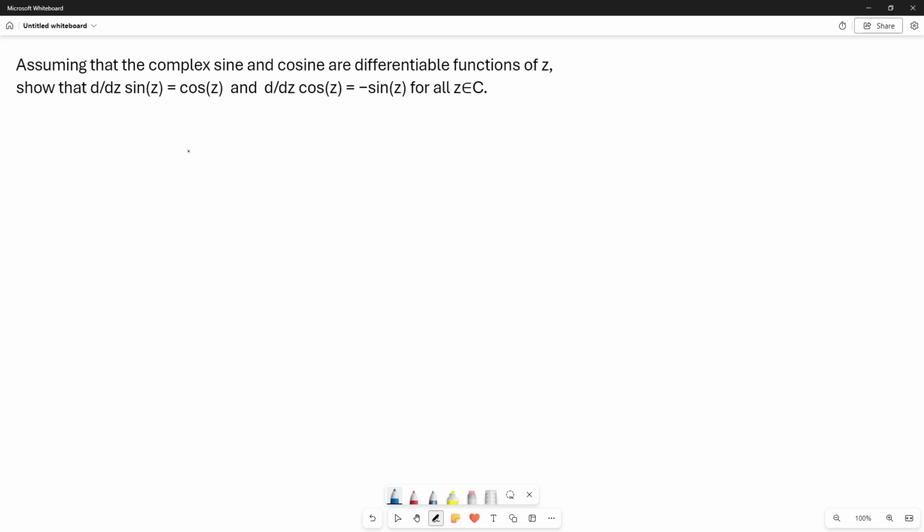We're going to use a theorem that says if a function f is differentiable, then the derivative f prime of z is equal to the partial derivative of the real part plus i times the partial derivative of the imaginary part, where both of these partial derivatives are with respect to x.